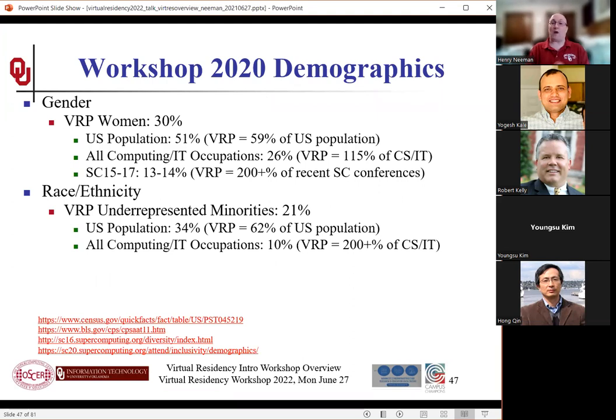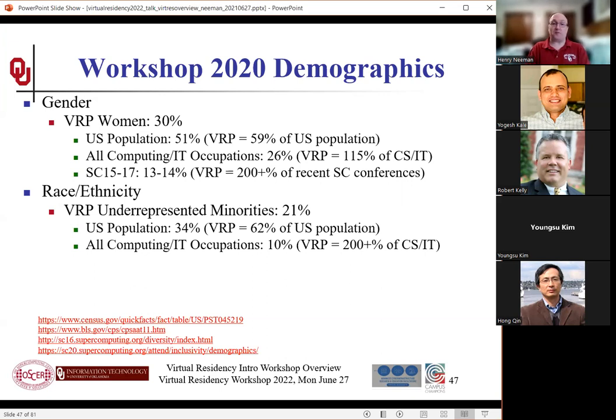The demographics were very happy. 30% of our participants up to that point in that workshop, and this is pretty typical for us in general, it's usually around 28 to 30%, are women. Now, of course, that's less than the population as a whole in this country, but it's more than all computing and IT occupations, and it's about double what we generally see at, for example, the SC conferences.